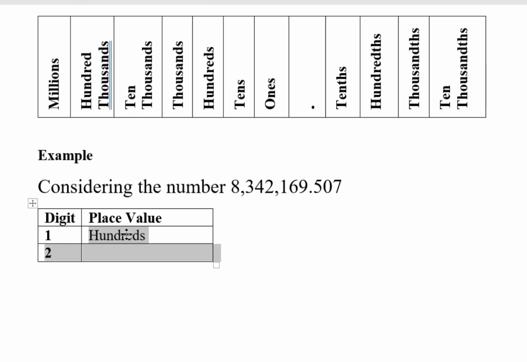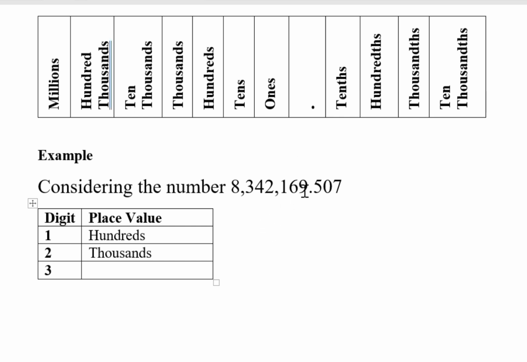Then the next number is 2. What's the place value of this 2? This one takes ones, this one takes tens, this one takes hundreds, this one takes thousands. So the place value of 2 is thousands. Then we come to 3. We shall do the same.